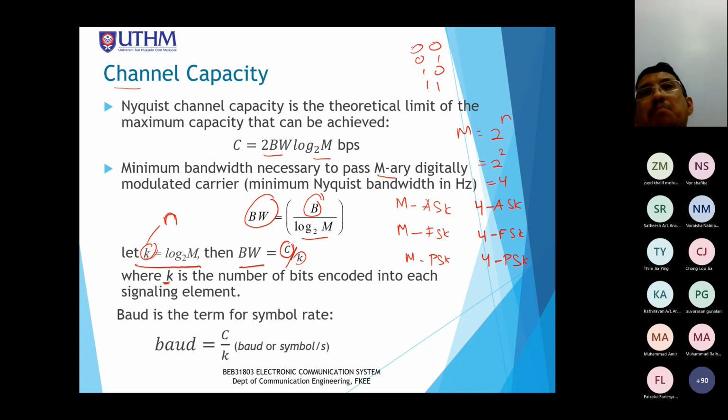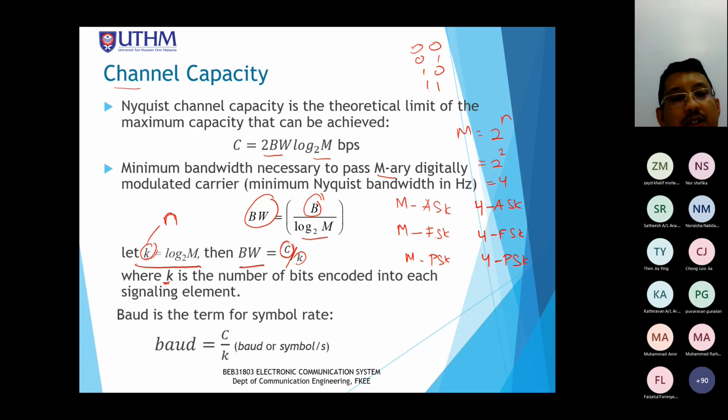If we transmit more than the channel capacity, what happens? The receiver will be unable to decode the received signal. That's the issue. So the transmitter needs to know the channel capacity and should not transmit more than it, otherwise the receiver will be unable to decode the received signal.